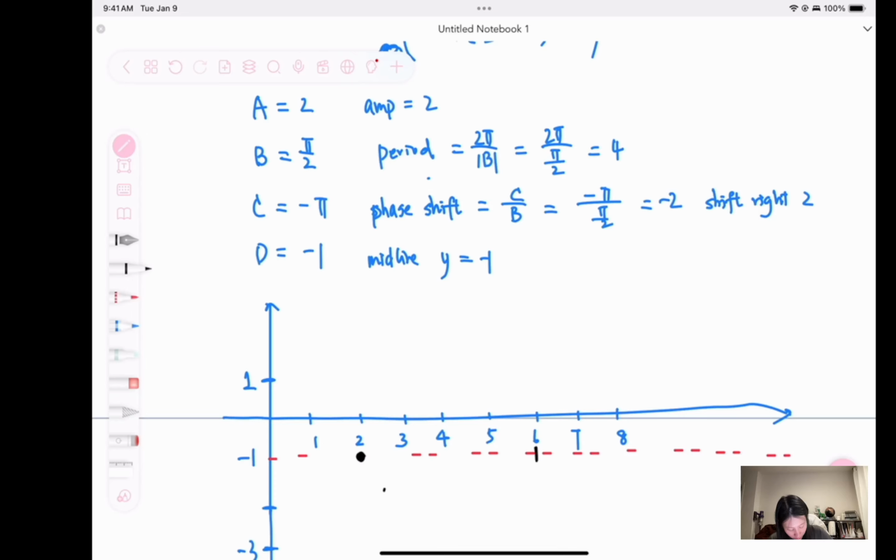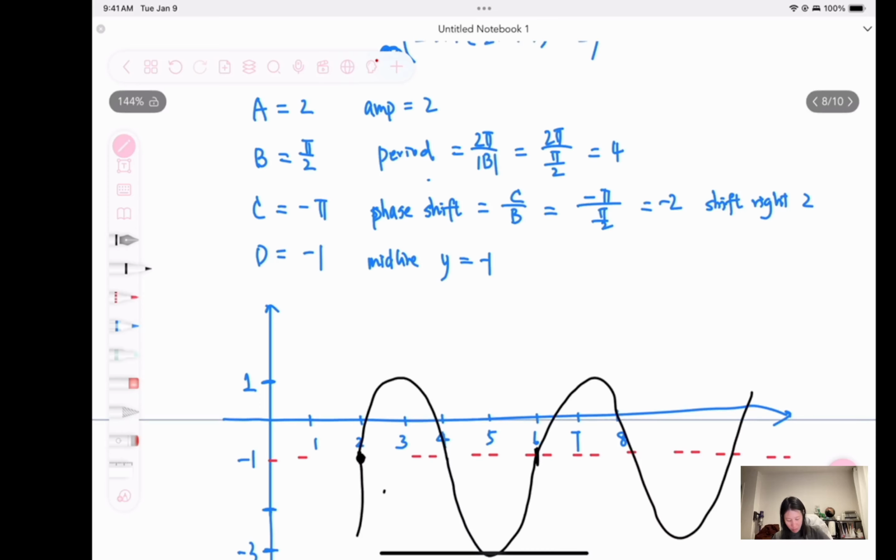So from 2 to 6, the function is going to finish one repetition. So go up in here and go down back in here. So that's one period of the sine function, and then we just repeat the pattern and make up the rest. That's it. That's the sine function.